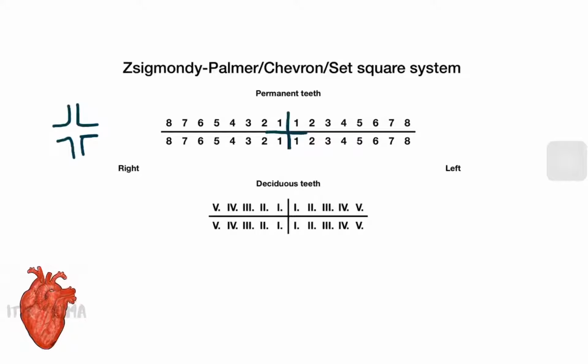The central incisor will be 1, the lateral incisor 2, and so on. In the case of the deciduous teeth, we use Roman numerals, as you see here. So if I want to show the second milky molar on the upper left, for example, I will write it like this.